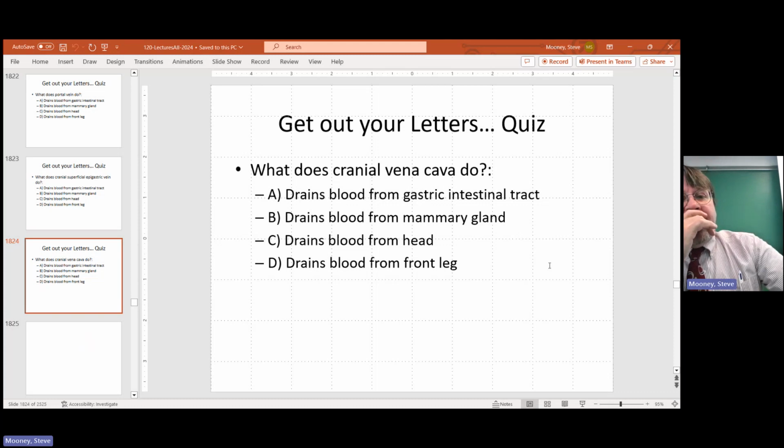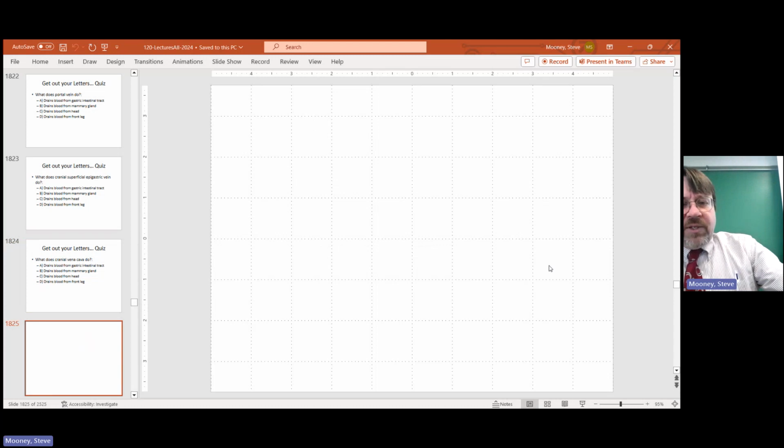So you have the cranial milk vein going to drain into the cranial vena cava. The head's going to drain into the cranial vena cava, and the front leg are all going to drain into that vena cava. So you've got cranial, caudal, superior, inferior vena cava moving through. Any questions on those?